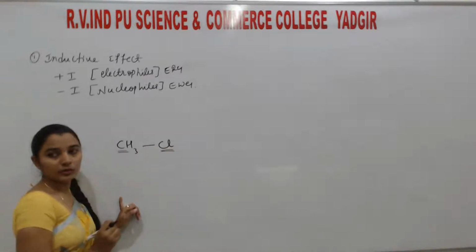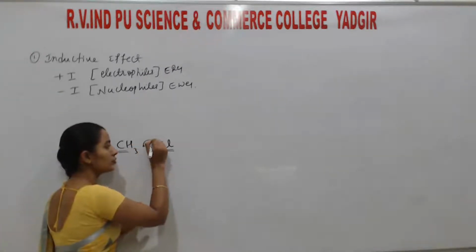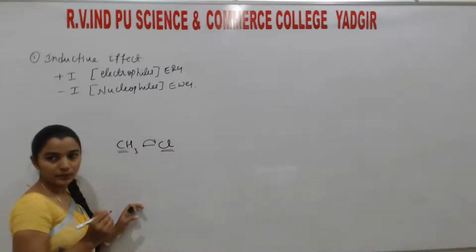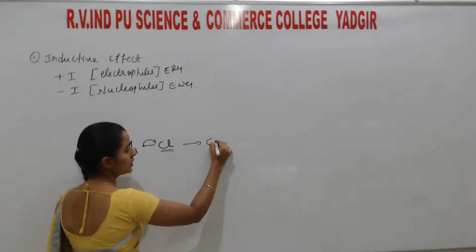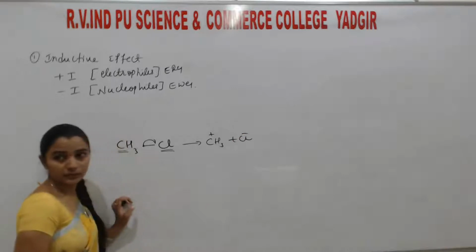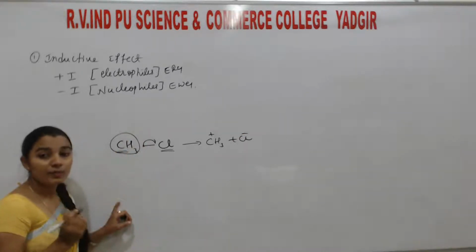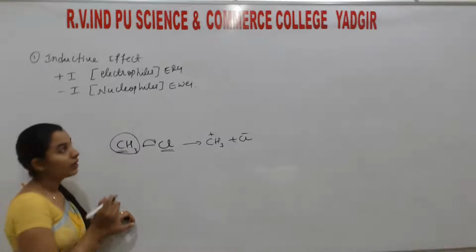So based on the electronegativity definition, of course the electron of carbon is moved towards the Cl atom. So it dissociates as what? CH3 plus Cl minus.